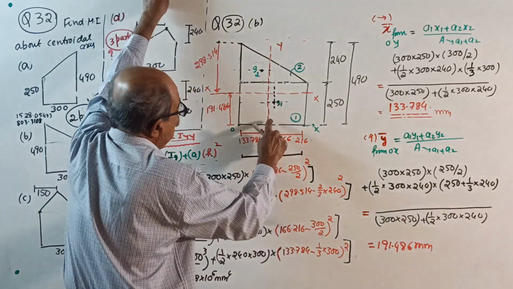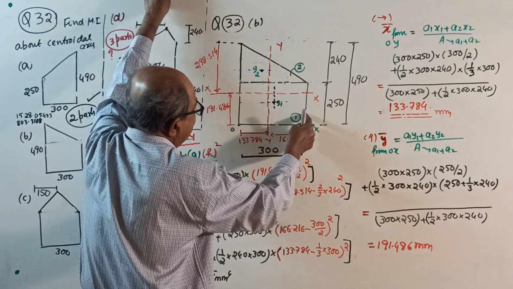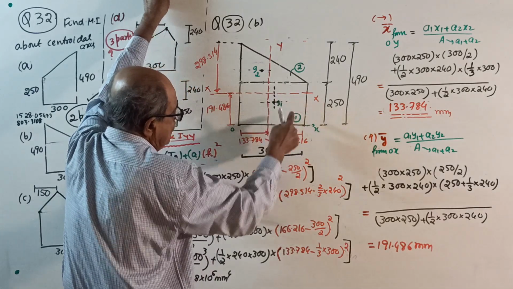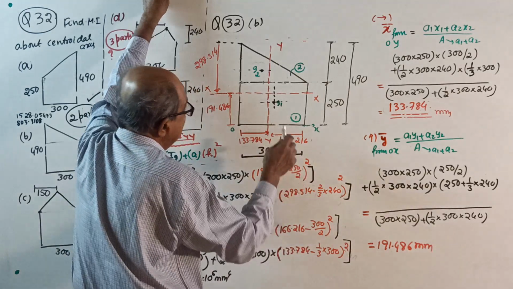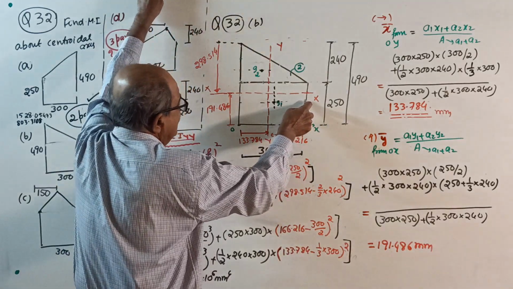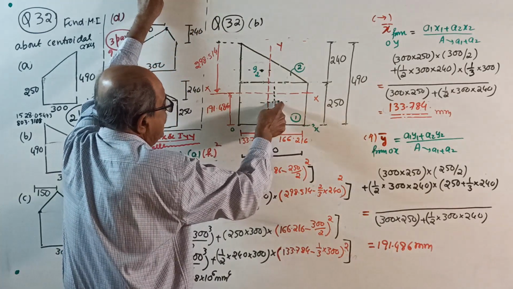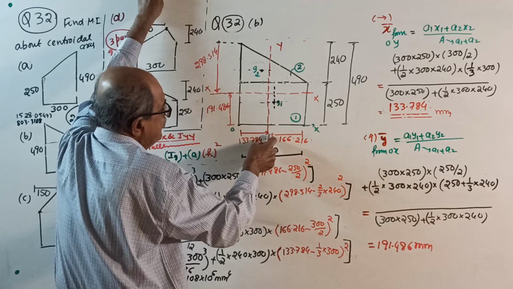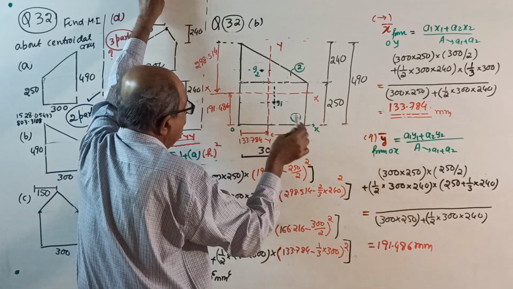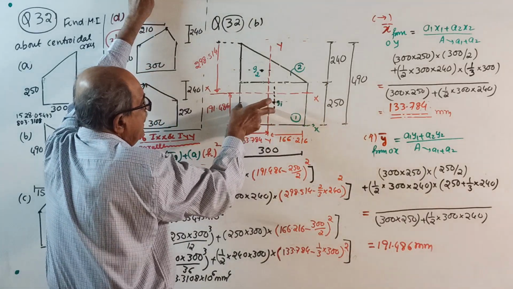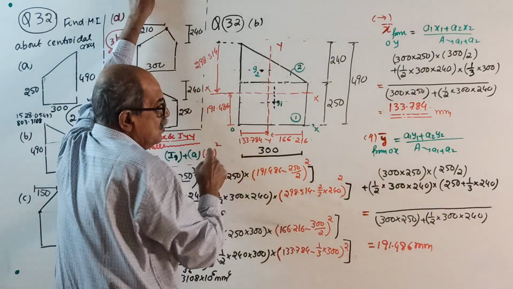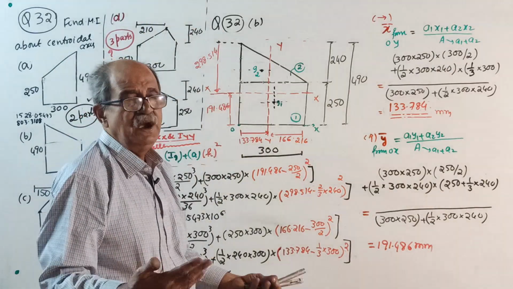From there, 166.216 minus, how much? 300 by 2, whole square. From here to here is 300 by 2. Here 166.216 minus that one. Or you can do one thing: if you want from this side, 300 by 2 minus 133.784 will also do.